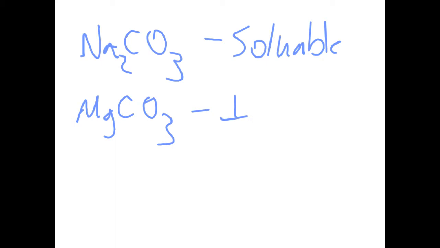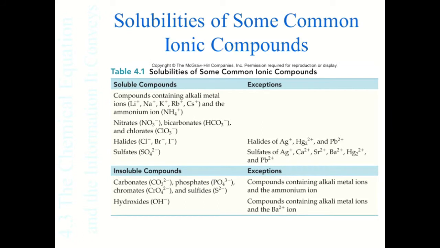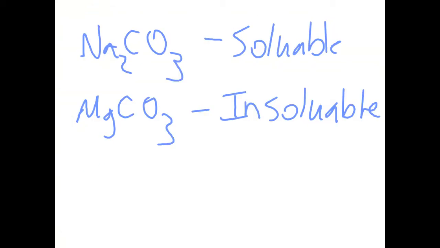What about magnesium carbonate? Magnesium is in the second column. Those are the alkaline earth metals. They are not alkali metals. It is only the first column that are alkali metals. Therefore, only the first column would make it soluble. So if it's with one of the metals in the second column, it is what? It is insoluble.